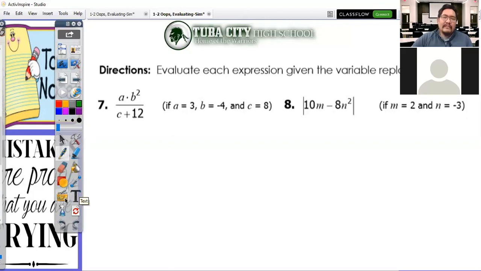So anyway, let's go ahead and get to this here. What we've got to do is replace each of these letters with these numbers. If we see an A, that means we replace it with 3. Now here's where it's important, because I'm going to replace b with parentheses and drop in -4. And like I said, be careful when you're dealing with exponents and groups, because sometimes you might have something outside of that group.